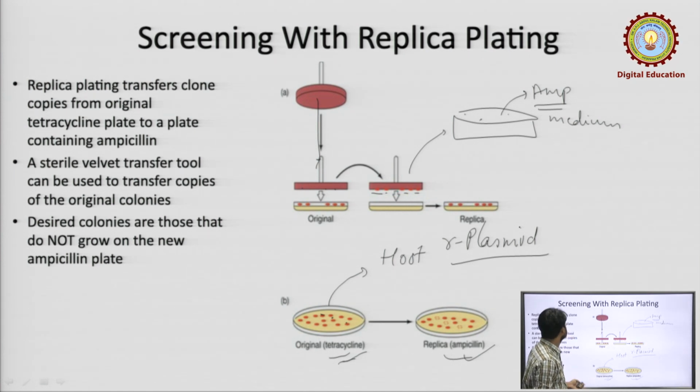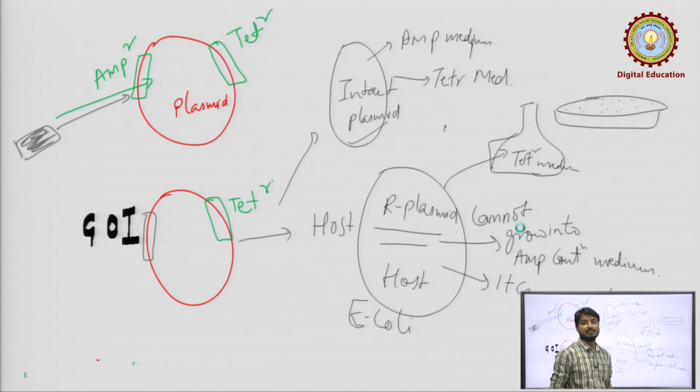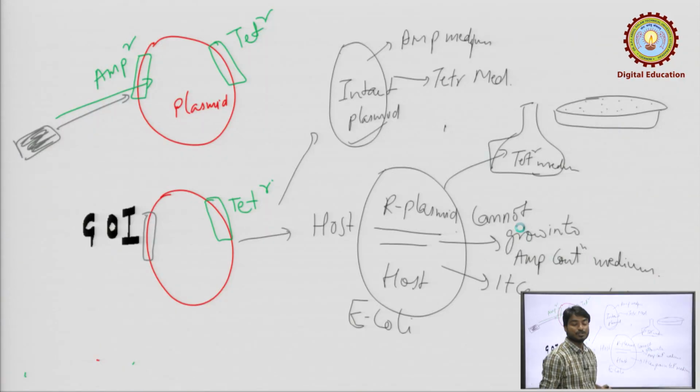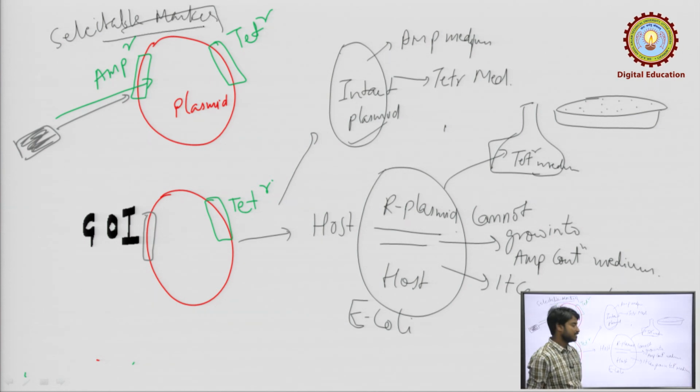As we can see, ampicillin and tetracycline help us in the selection of the recombinant plasmid. Hence, these are also called selectable markers.